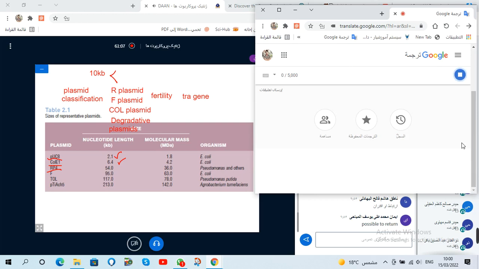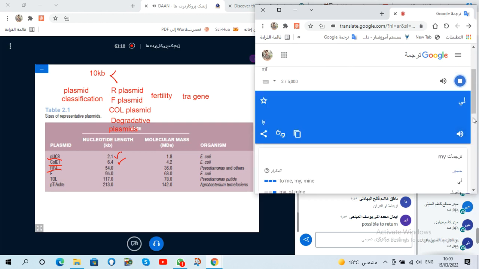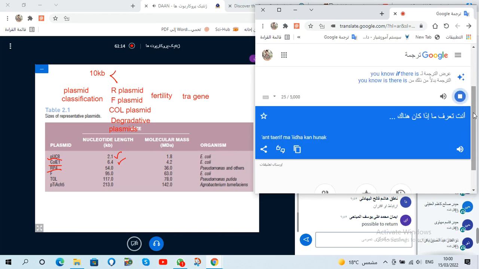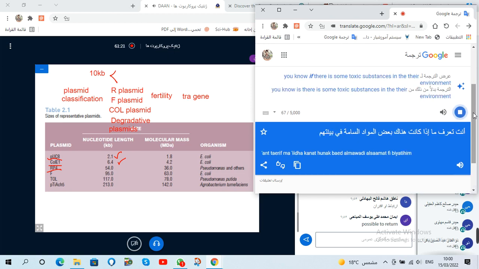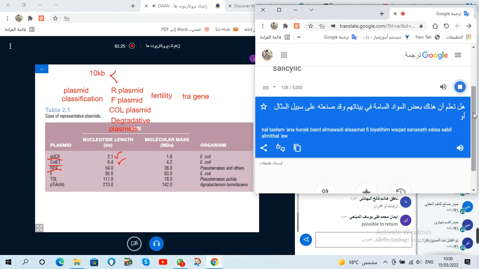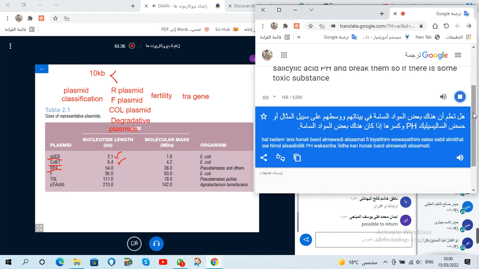What does that mean? If there are some toxic substances in their environment, in their medium, for example, toluene or salicylic acid, they can break them down.